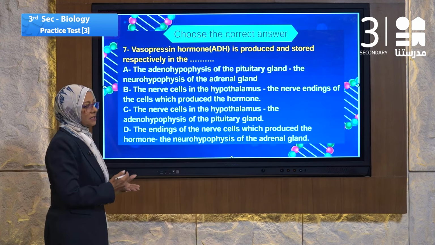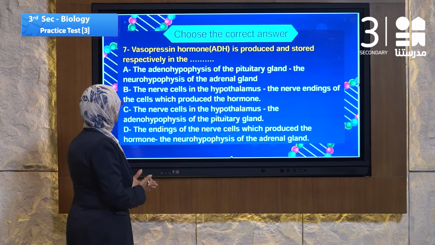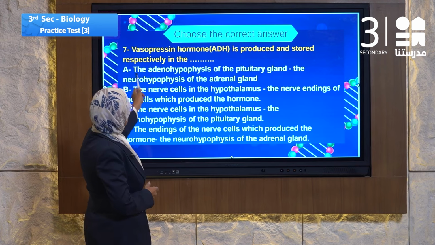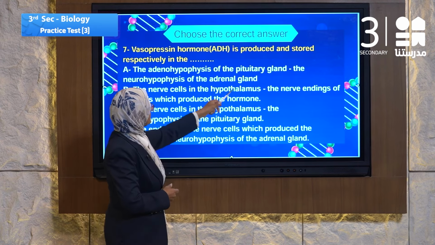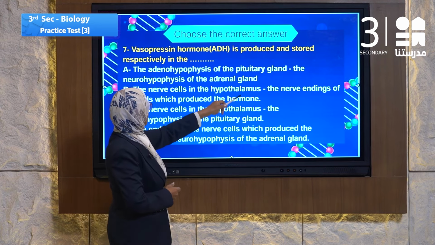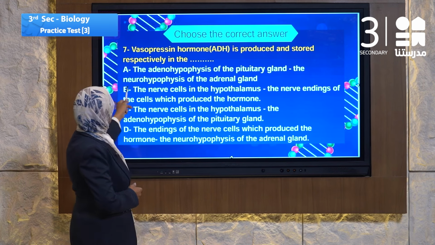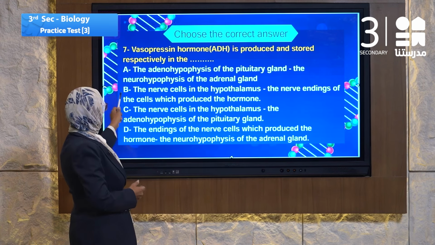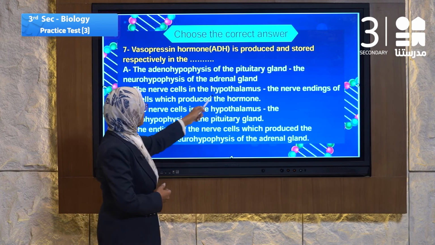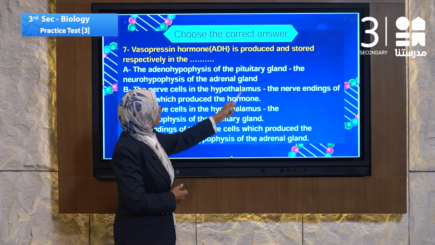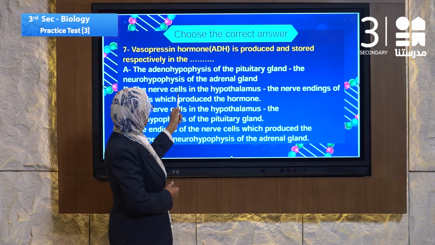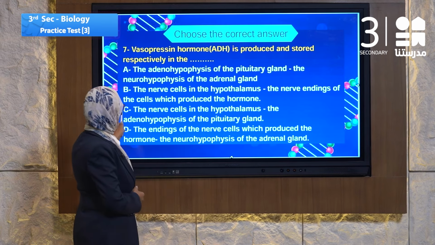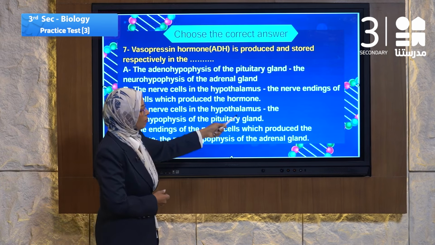Let's read the choices, then discuss. A, the adenohypophysis of the pituitary gland produces it and it is stored in the neurohypophysis of the adrenal gland. Maybe. Number B, the nerve cells in the hypothalamus produce it, and it is stored in the nerve ending of the cell which produces the hormone.